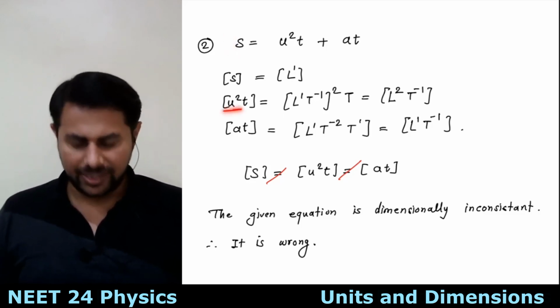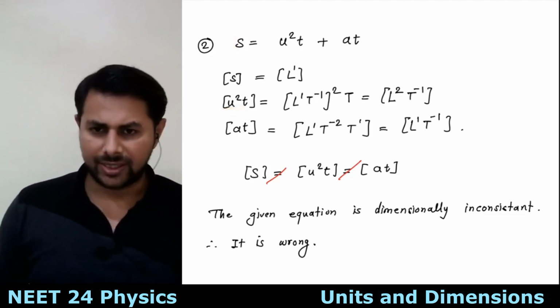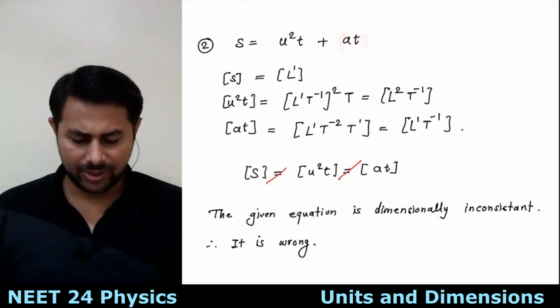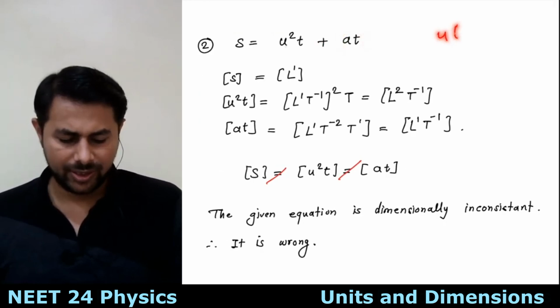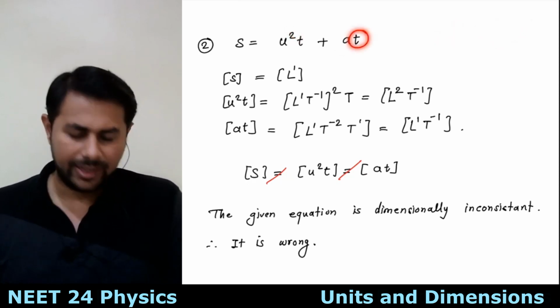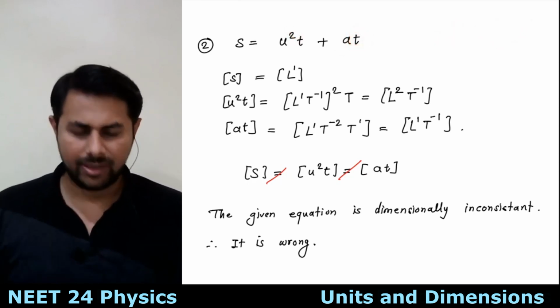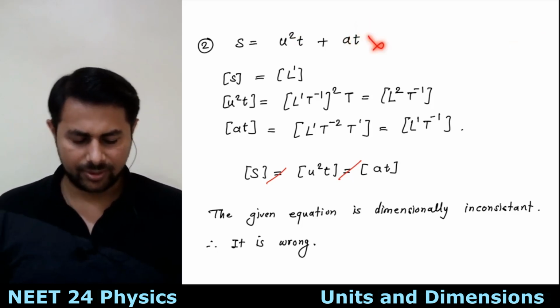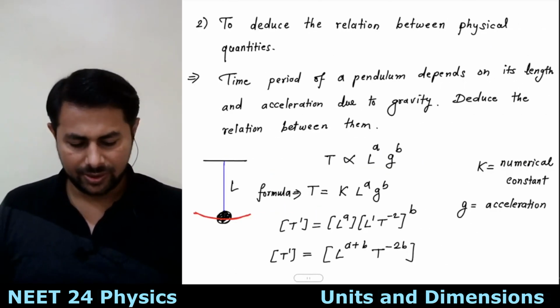You can check it, I have written it over here. The dimensions of this term, this term and this term don't match, because here it should be ut plus half a t square. Here I have written an extra power of u and an extra power of t is dropped. So instead of 2 I have 1 only. So this is incorrect, and the dimensions won't match.